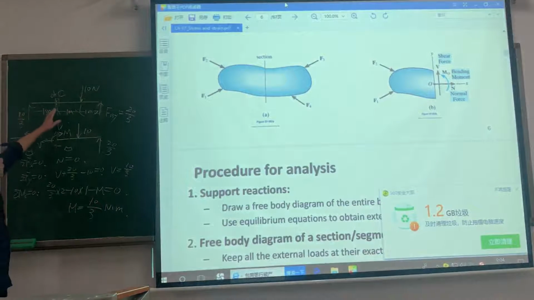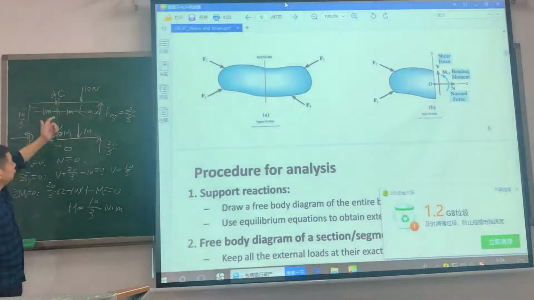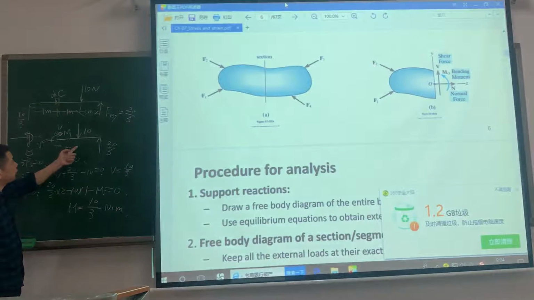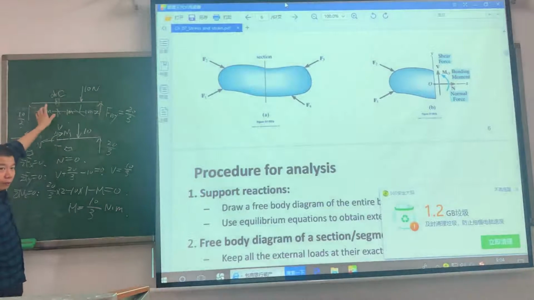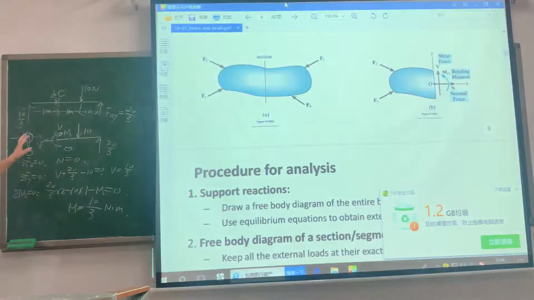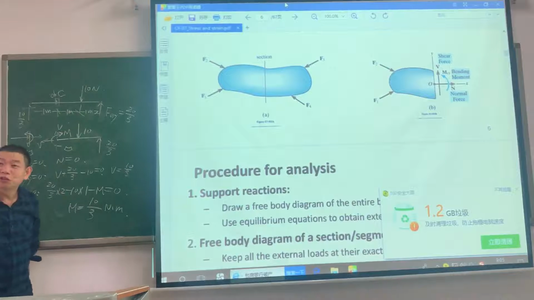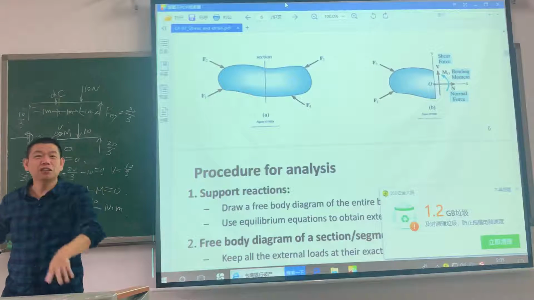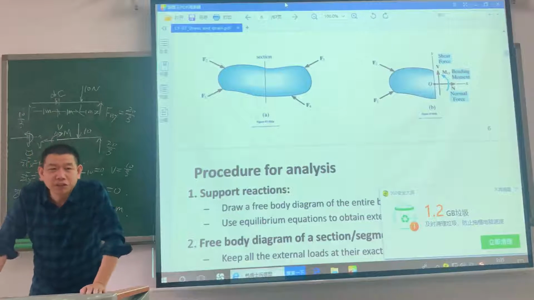If at the point the deformation is like this, we determine the moment is positive. Otherwise, we determine it's negative. Don't understand? Understand?